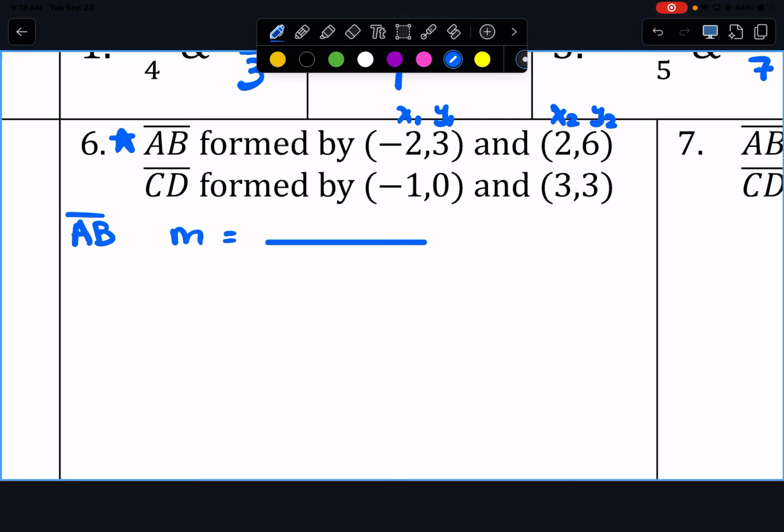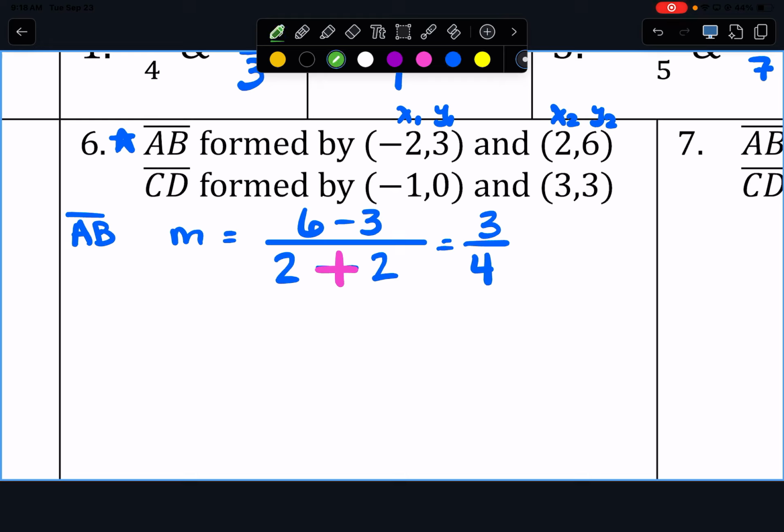What should our numerator be of our slope for AB? 6 minus 3. What should the denominator be? 2 minus 6, which is actually adding it, because when you subtract a negative number, you add. So what is 6 minus 3? 3. What is 2 plus 2? 4. So our slope for AB is 3/4.